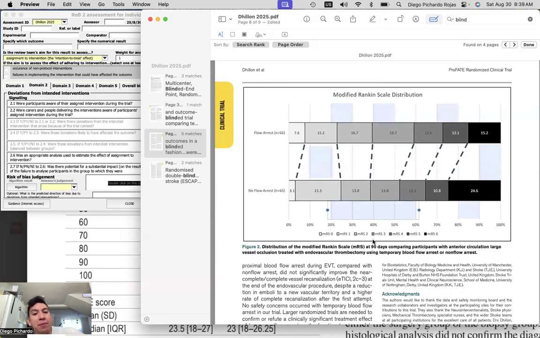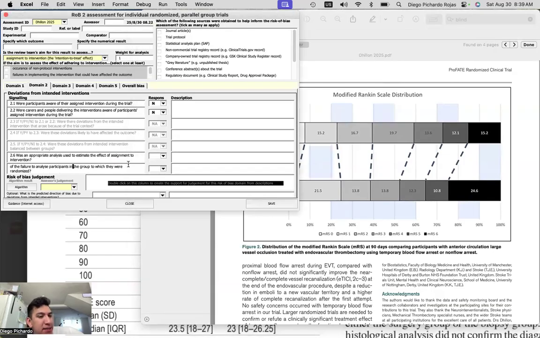If you're independent, you're from a 0 to 2. If you're dead, you're a 6. If you're bedbound, you're a 5. So it's a very low risk that the intervention group or the analysis could have influenced the outcomes.